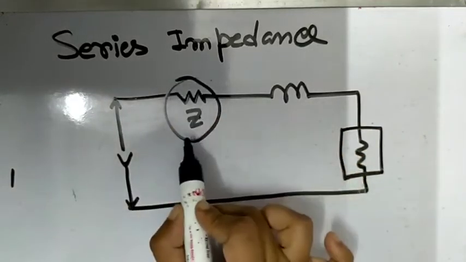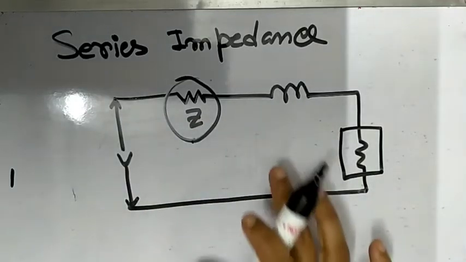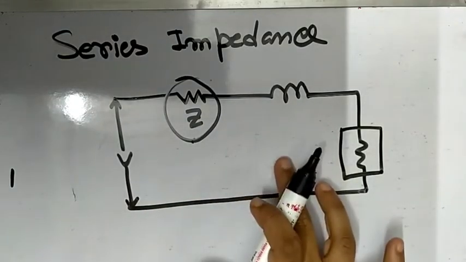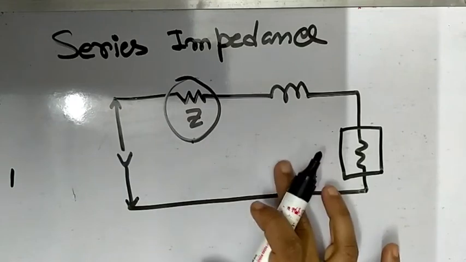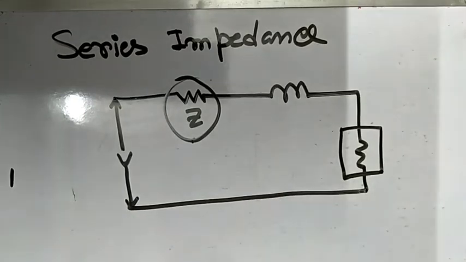We connect this impedance in series with the element, but there is a huge amount of voltage drop, so we limit application of this type of method to small furnaces. Next is variable voltage supply.